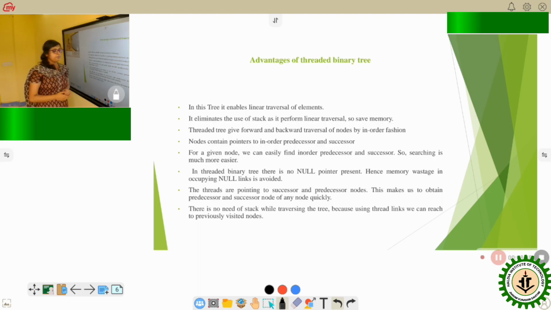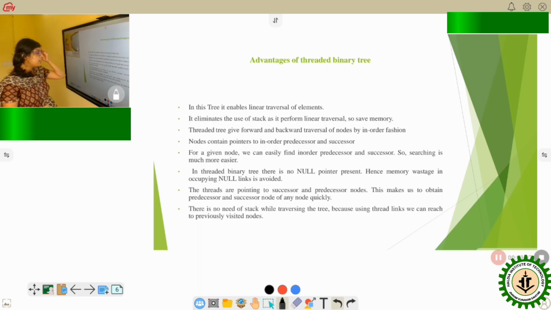These are some linear traversal techniques of a tree. By connecting the child nodes to the parent nodes, these traversal techniques can become easy. Hence, in this tree, it enables linear traversal of elements.